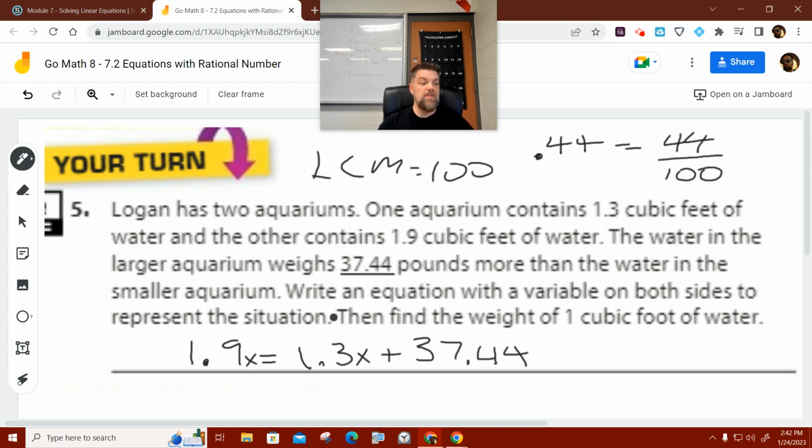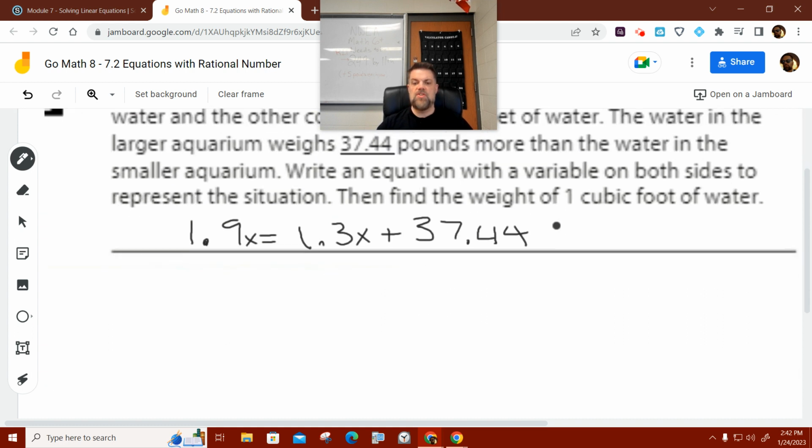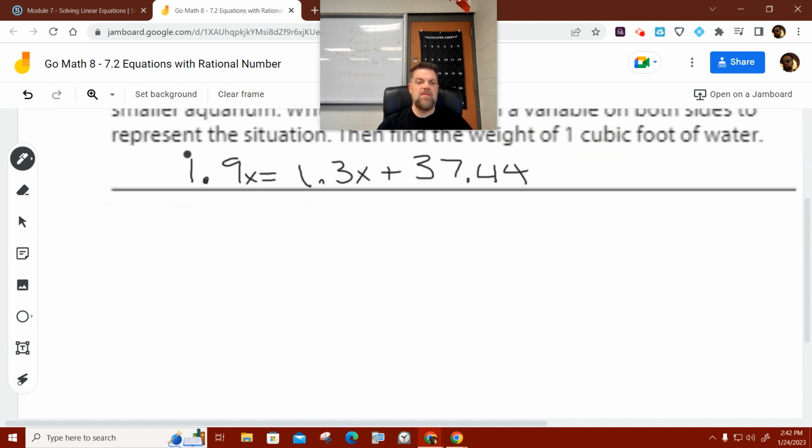But one weighs more than the other. Okay? So the larger one is equal to the smaller one plus the 37.44. So now to solve this, we can multiply everything by 100. So put this in parentheses, put 100 in the front.